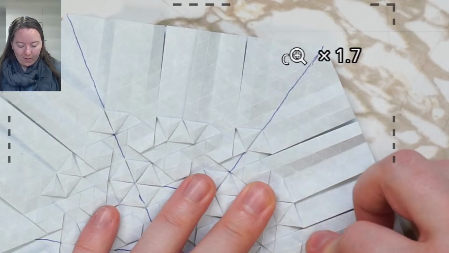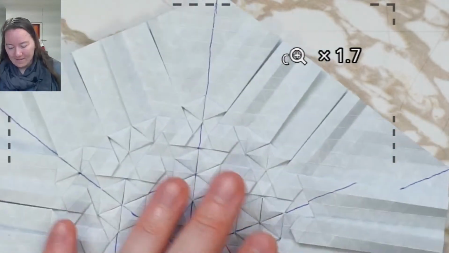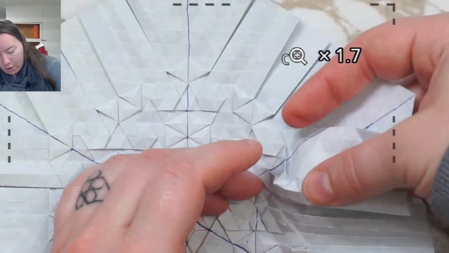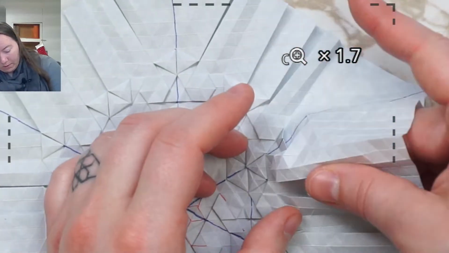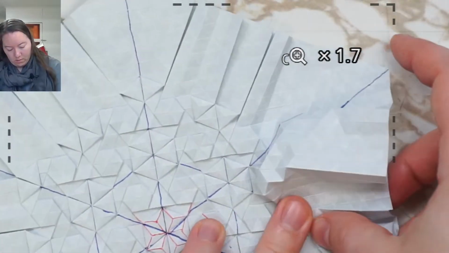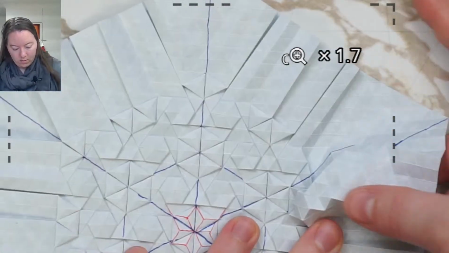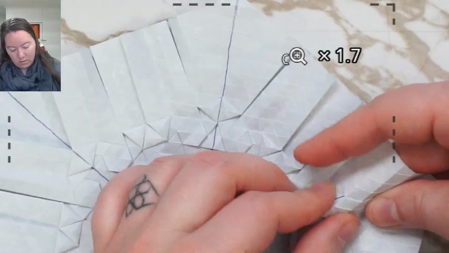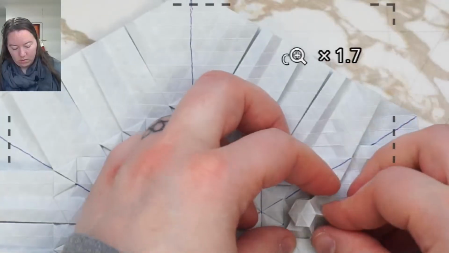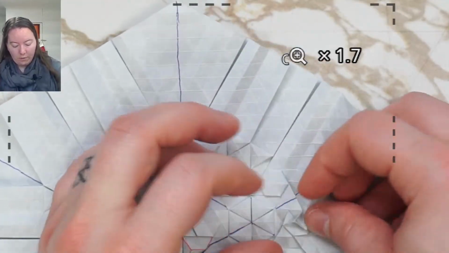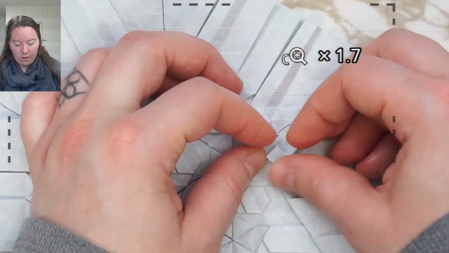And I'll show you as I'm checking, working my way around. Making sure the hexagon is fully rotated.